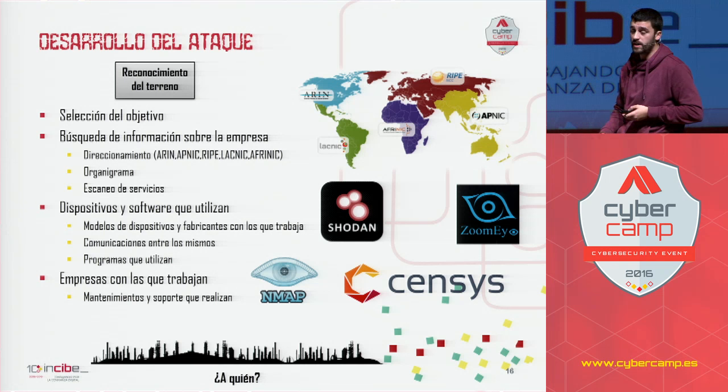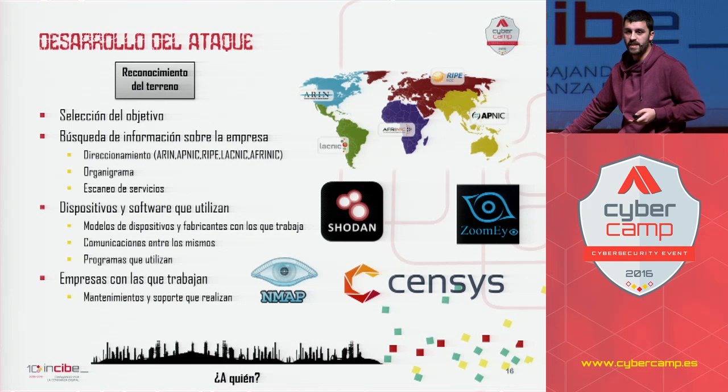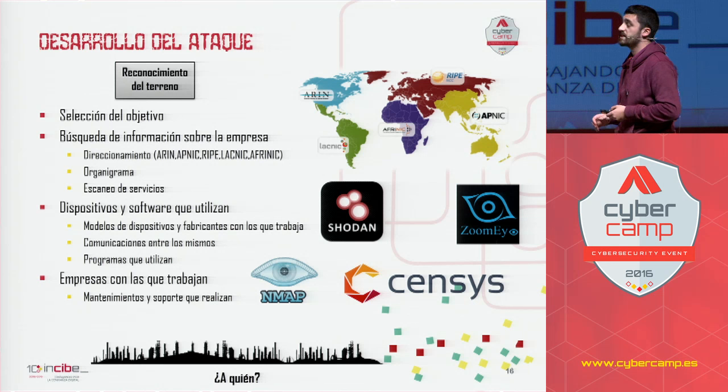So we can see the protocols they're using and programs as well, software they're using. If we're gonna inject our JavaScript and obfuscate it on a PDF, we can check out the PDF reader they use, Adobe Reader, whatever. And maybe they use an Office suite or Excel or Word or macros, as we said before. Companies they work with.